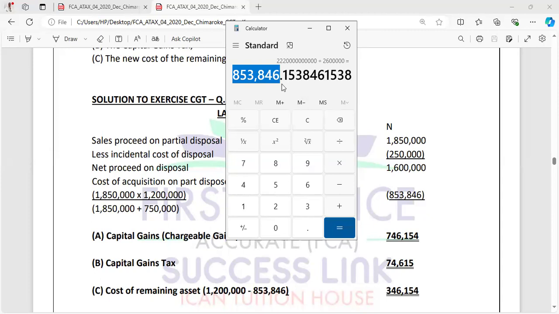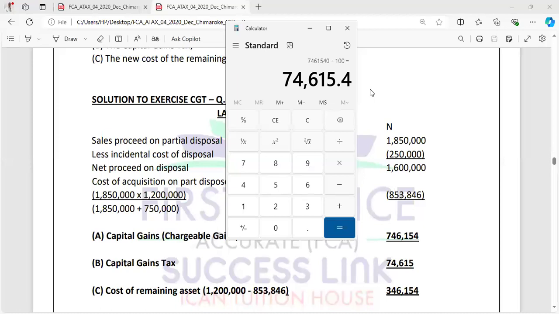So let's copy this now. We will now say 1,600,000 minus this, our cost of acquisition. We have 746,154. Now when we apply 10% on it, we have 74,615.